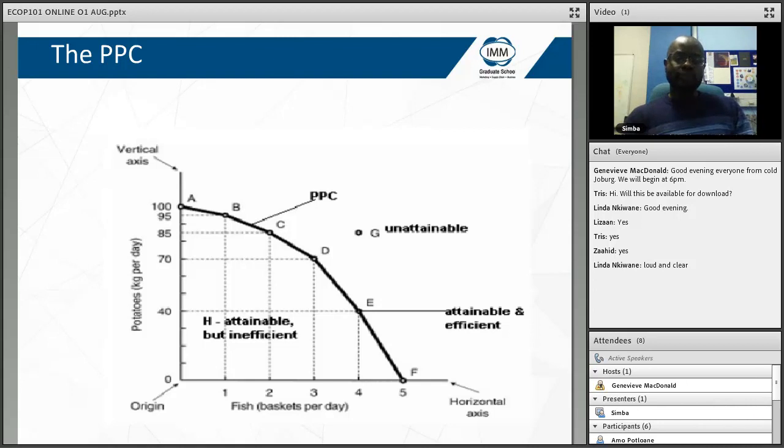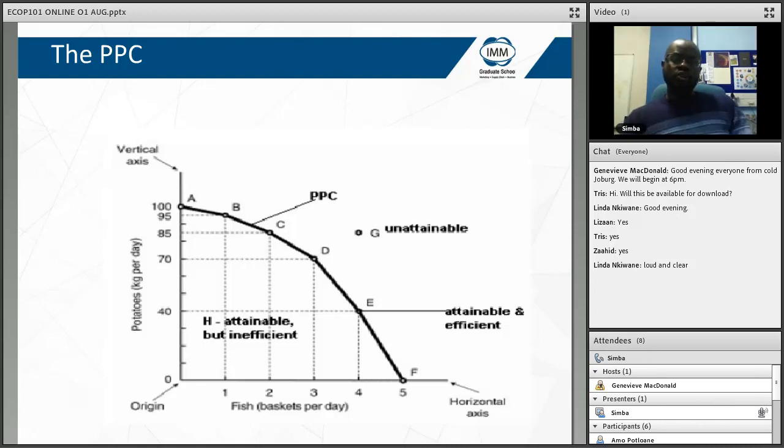If we are at point F, the society is using all its resources only to produce one product, which is fish. If we are at point A, the society is using all its resources to produce potatoes, which is 100 kgs of potatoes. Any point on the PPC is efficient and attainable because that is the best that the society can do with its resources.